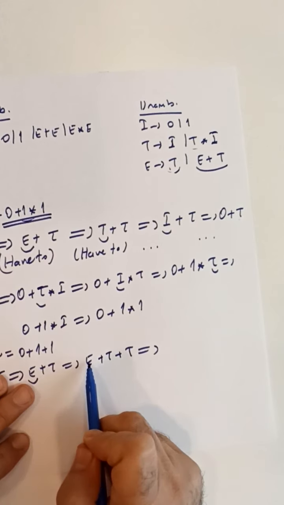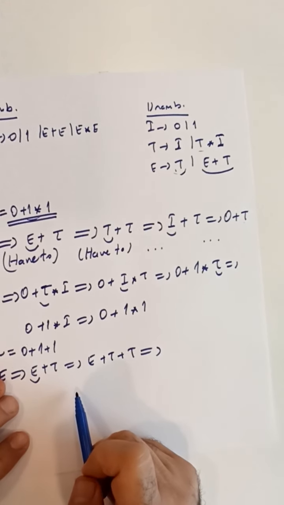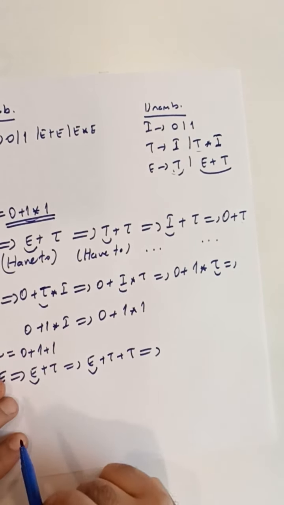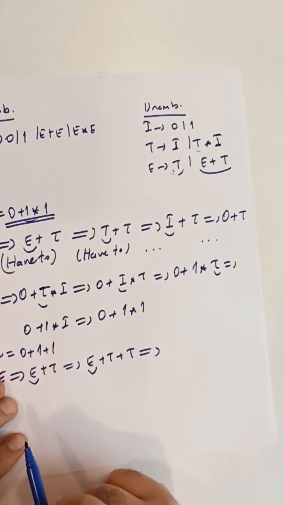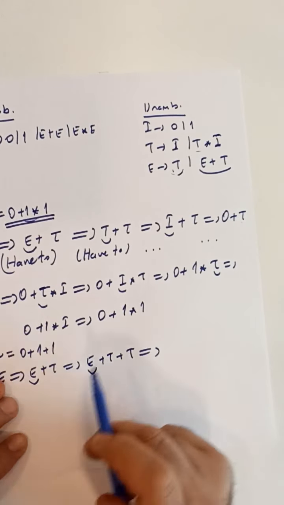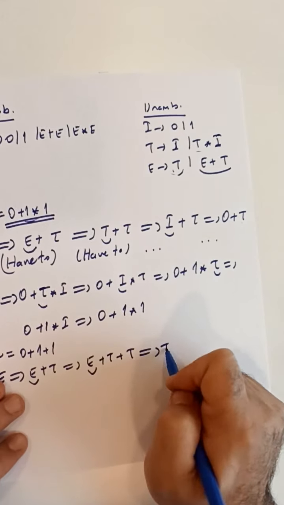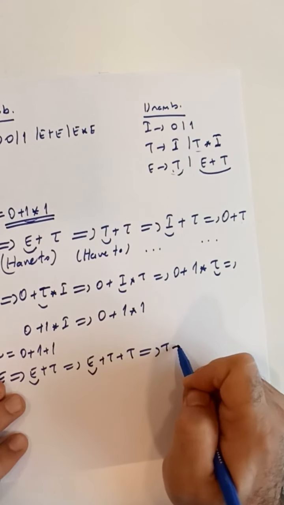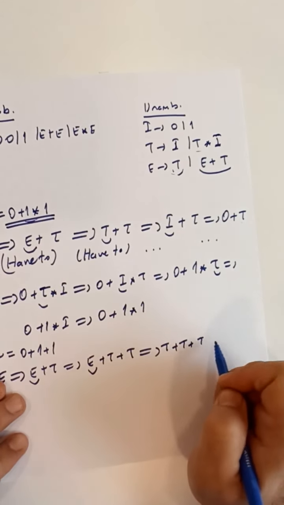Okay, so E is expanded with E plus T. Finally, how do we expand this leftmost variable E? Since we want to arrive at 0 plus 1 plus 1, E will be expanded with the term, with this one, the previously existing terms.